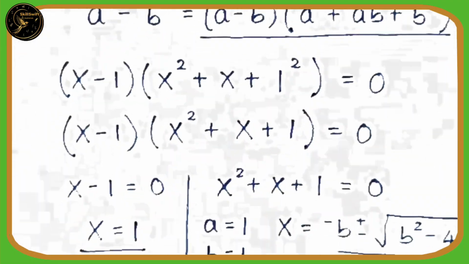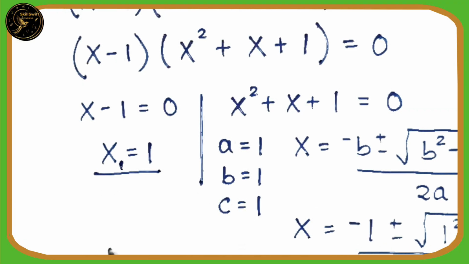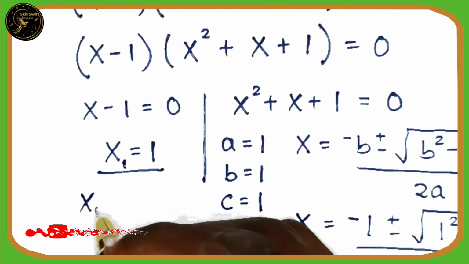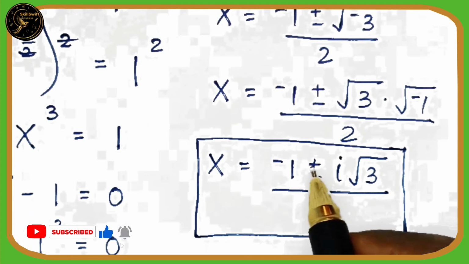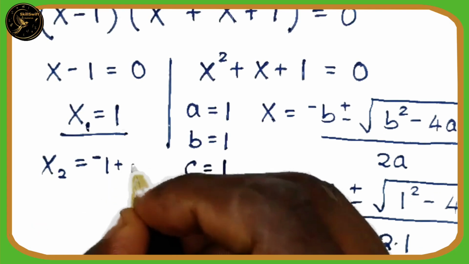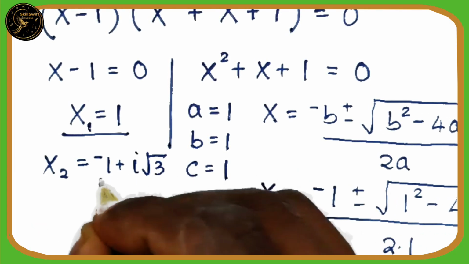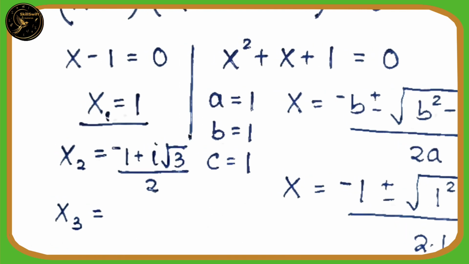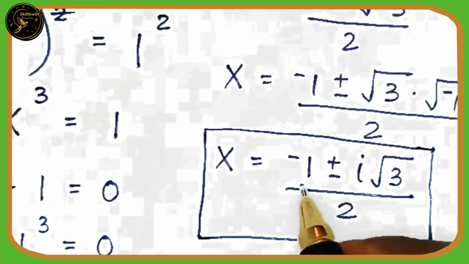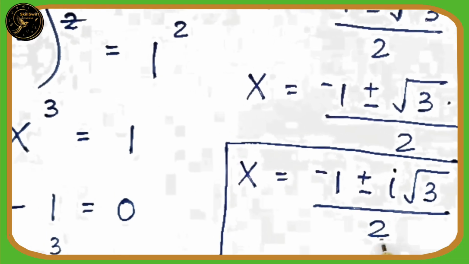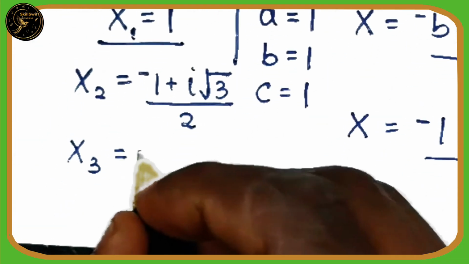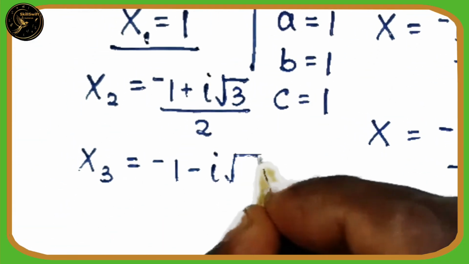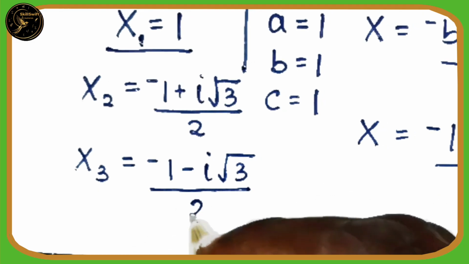Now our conclusion. This is the first value of x, which is 1. The second value of x, when it is positive, is -1 plus i square root of 3 over 2. The third value of x, when it is negative, is -1 minus i square root of 3 over 2.